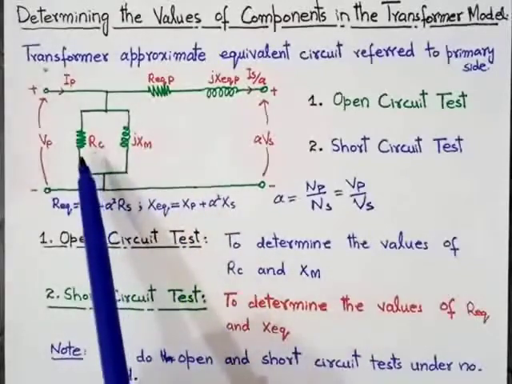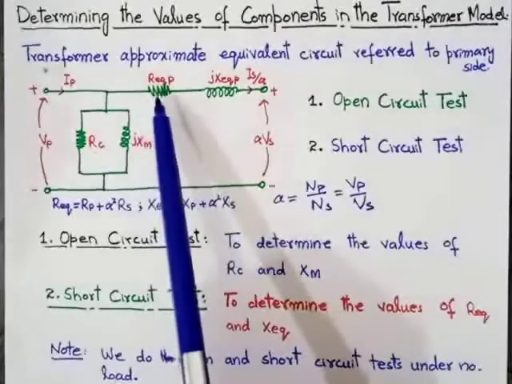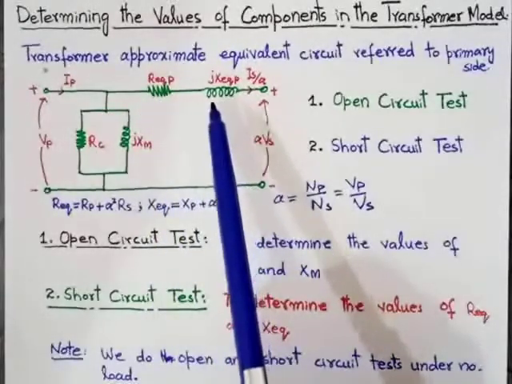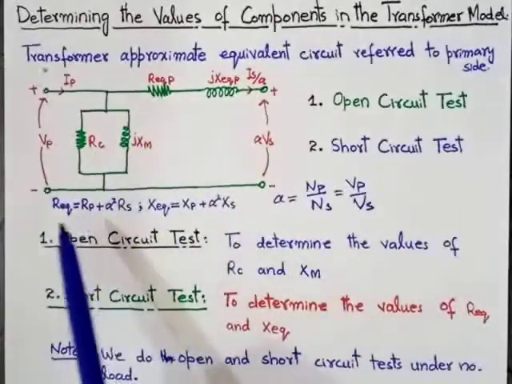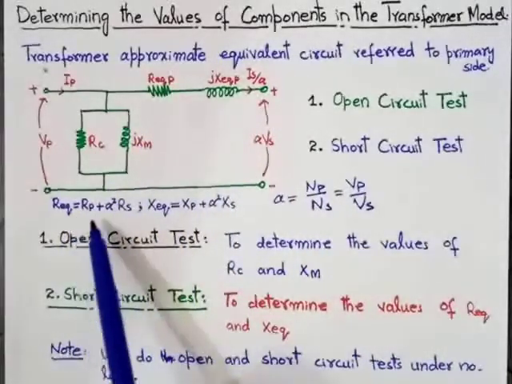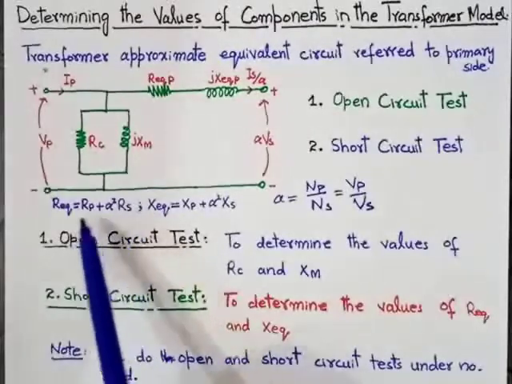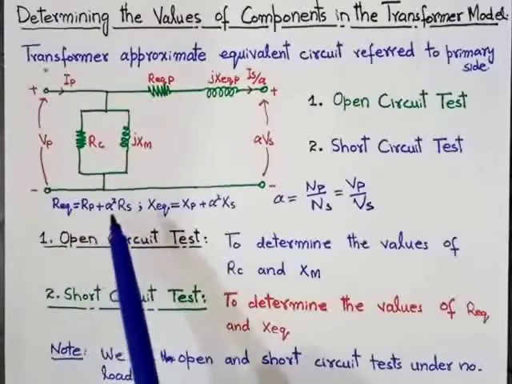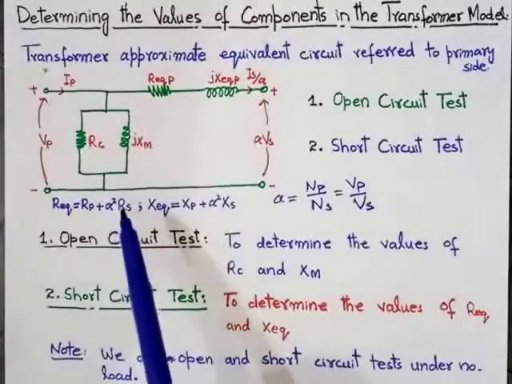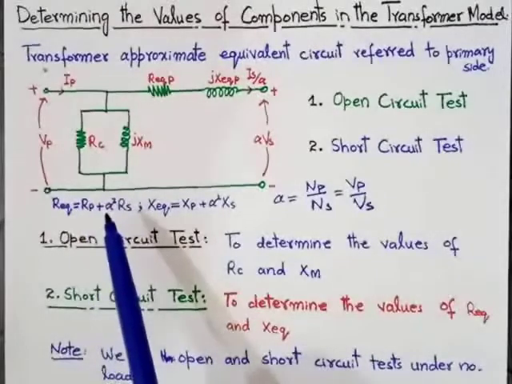The parameters are RC, XM, R equivalent, X equivalent, where R equivalent is equal to Rp plus A squared into Rs. Rp means primary resistance, Rs means secondary winding resistance, and A means turn ratio.